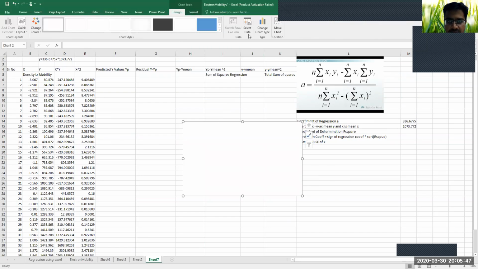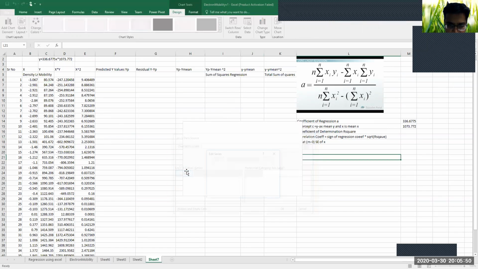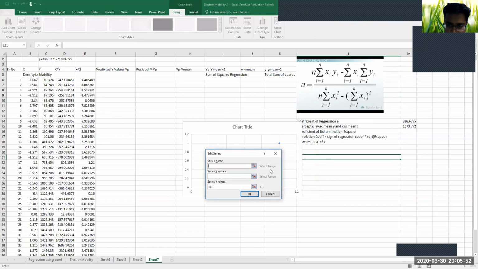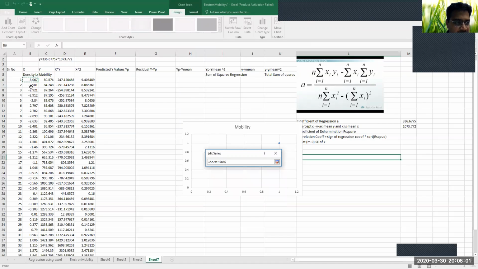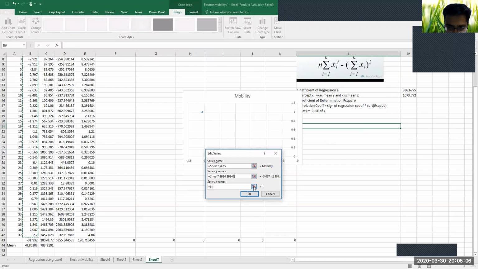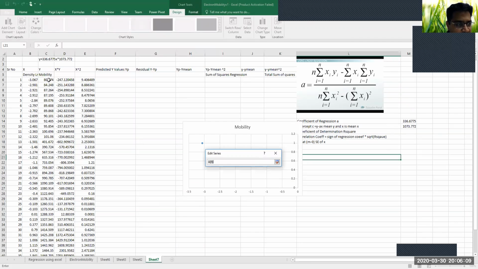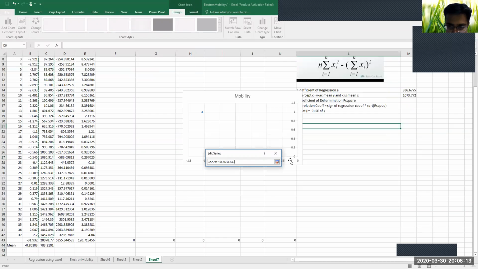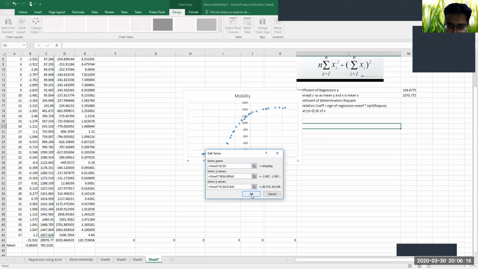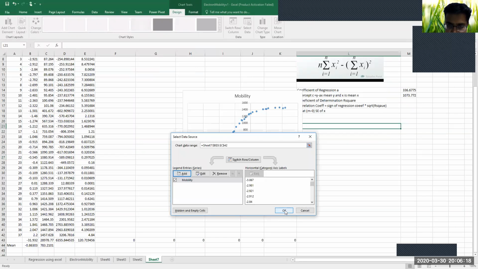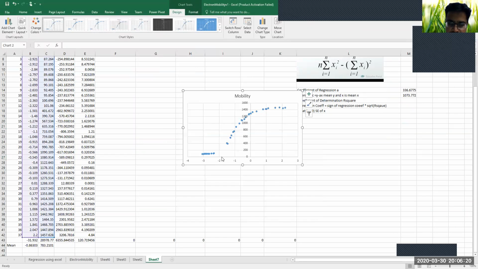We inserted a scatter plot. Select the data, add the data. So we need to select name. So name is, let's say, mobility. Select X values. So X values are here. Select Y values. So Y values are here. Okay. And so we get a plot.